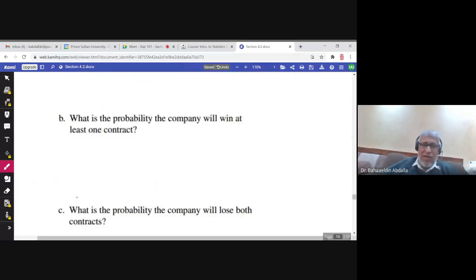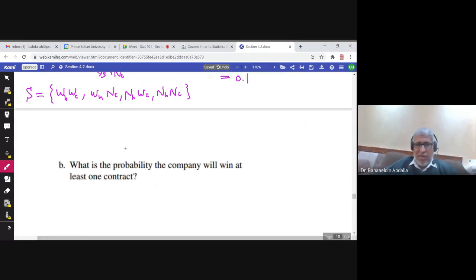If he asks about the probability that the company will win at least one contract, he is asking about the probability of these three. You can add the probabilities of these three and you answer the question, or you can say this is 1 minus the probability of NH and NC, meaning losing both contracts. This is the only probability missing.